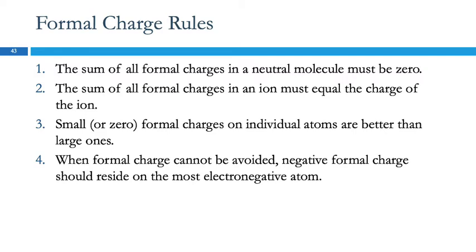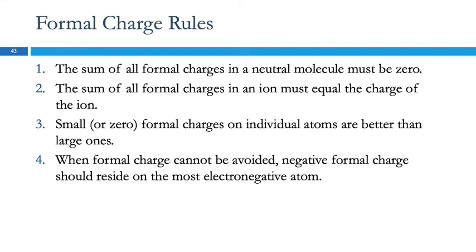So formal charge rules 1 and 2 really could be lumped together if you say the sum of all the formal charges in a thing has to equal the charge on the thing. If it's an ion, it equals the charge. If it's a molecule, it has to be 0, which is the charge. Small or 0 formal charges are better. And when you cannot avoid a formal charge, if you have an ion, somebody has to have a formal charge.